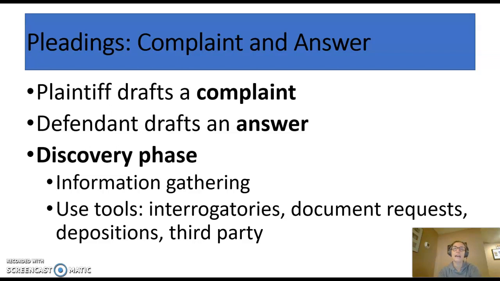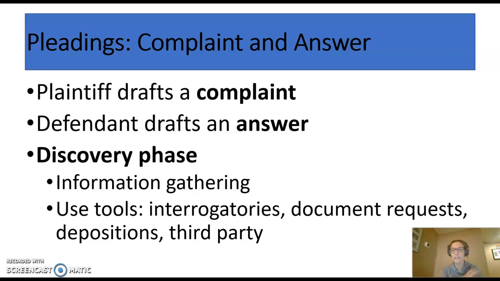That is because in civil cases, the parties have a right to learn all the information that the other side has. And discovery is the phase in which they do that. The plaintiff can ask the defendant for all the documents, all the information that the defendant has, and vice versa.